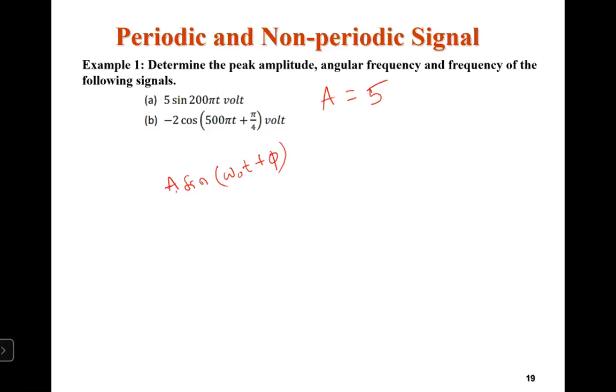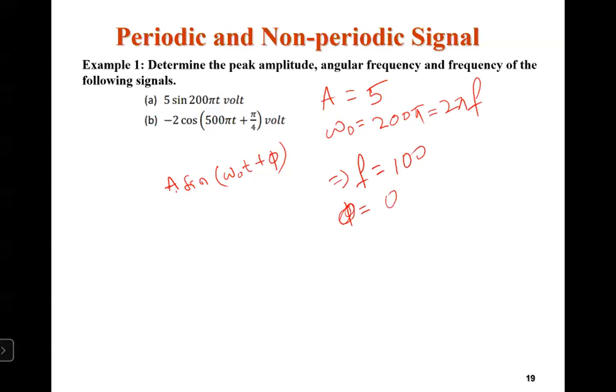Then your omega 0, the angular frequency, is how much? 100 pi. So omega 0 is nothing but 2 pi f. So f equals 100 hertz. And phi equals how much in this problem? 0, because here nothing is written.